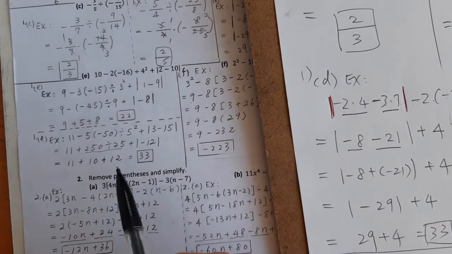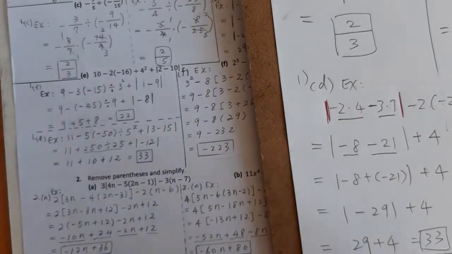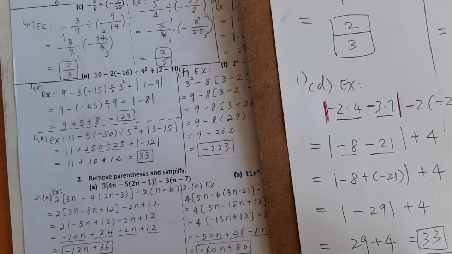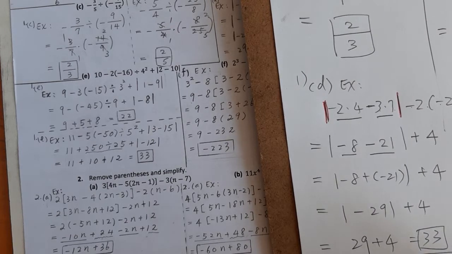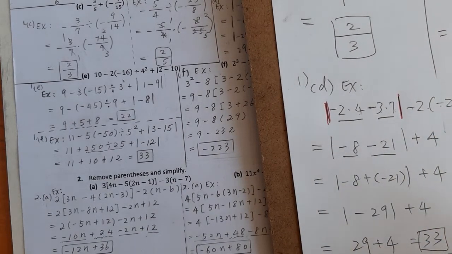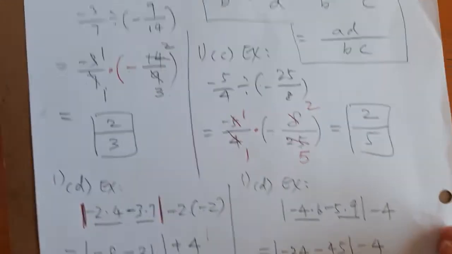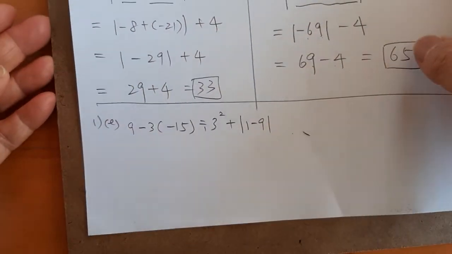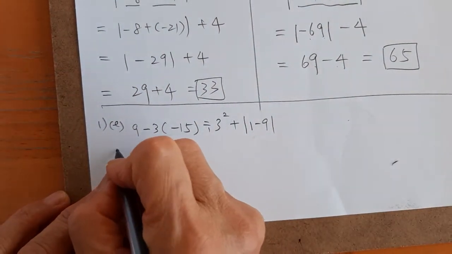1E, example, this example. 9 minus 3 times negative 15 divided by 3 squared plus absolute value of 1 minus 9 absolute value. So this is we practice for the order of operations.